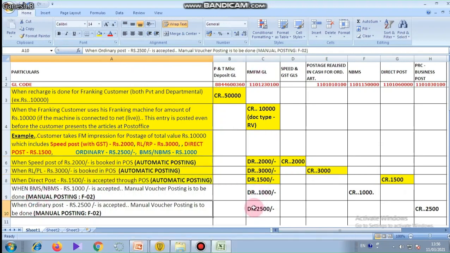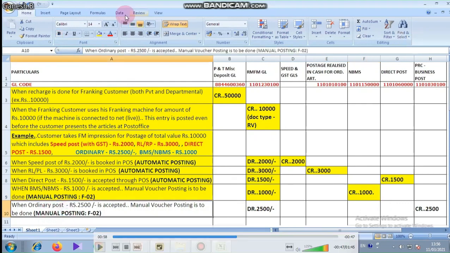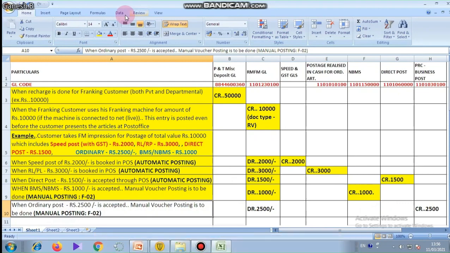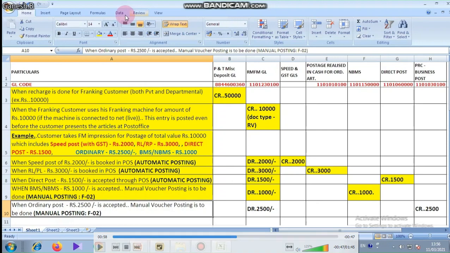Now the customer gives a bill mail service for 1,000 rupees and this voucher posting we have to make. See, this is a manual voucher posting. We have to make a voucher posting by debiting RMFM GL and crediting NBMS GL 1,000. Only then accounting will be correct.